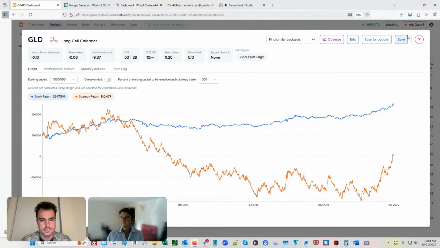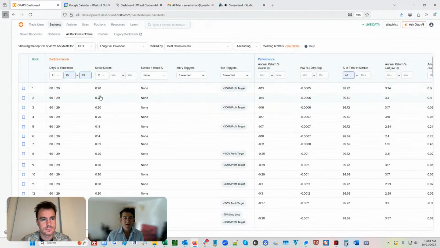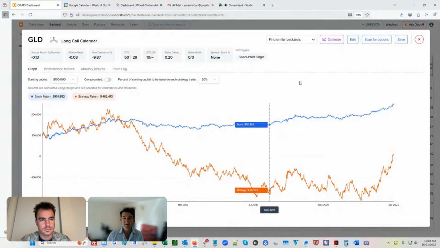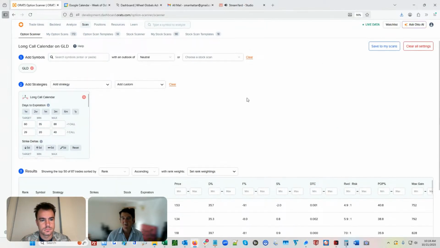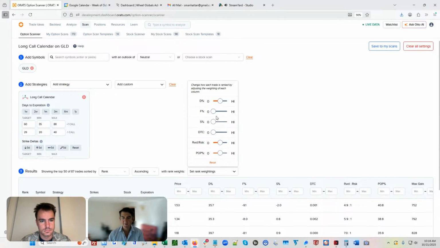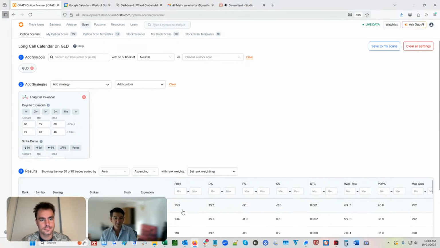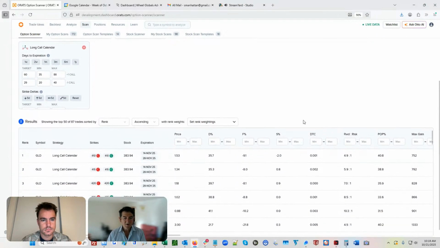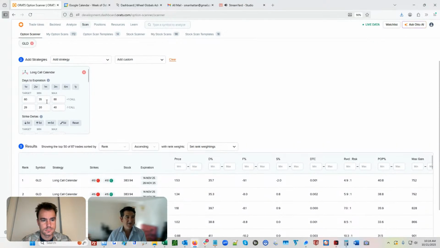Yeah. Okay, cool. So we could now just easily put this on, scanning for options and looking for, what do we want to look for? I guess forecast would be good, risk reward. And then it's showing something like, so let's set these a little bit tighter, because look, that's only 14 days between those.